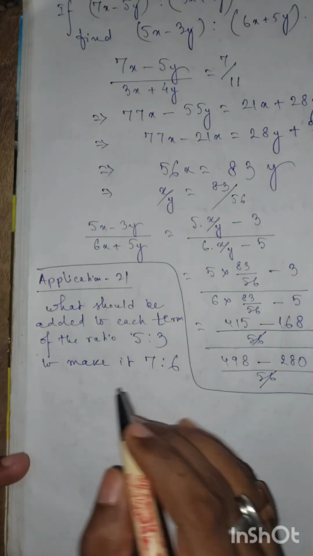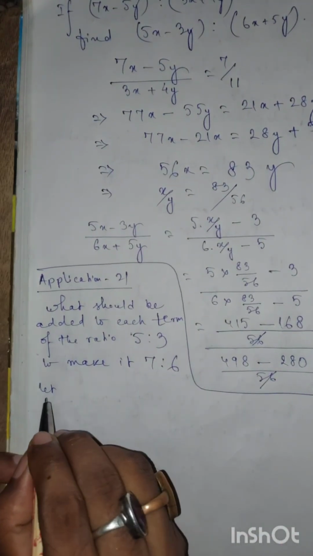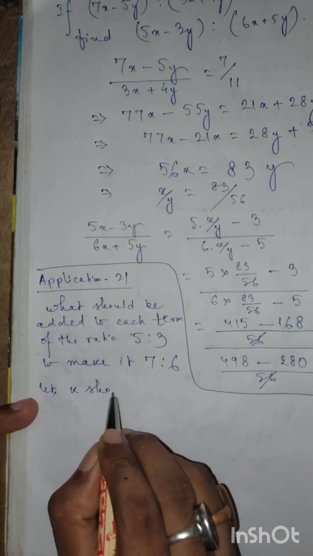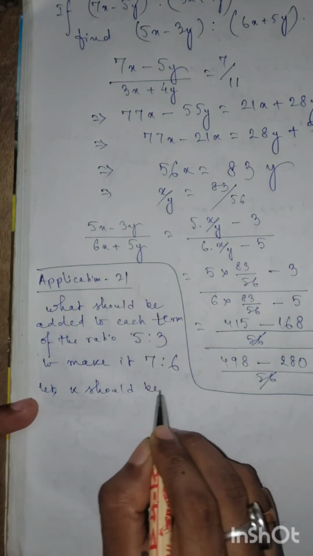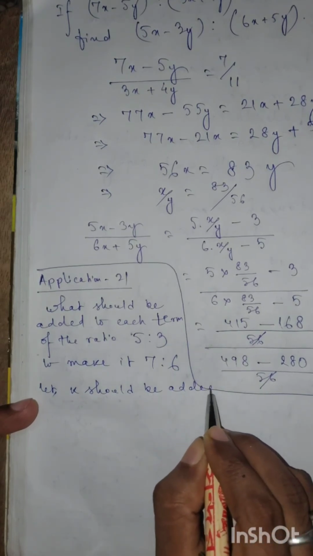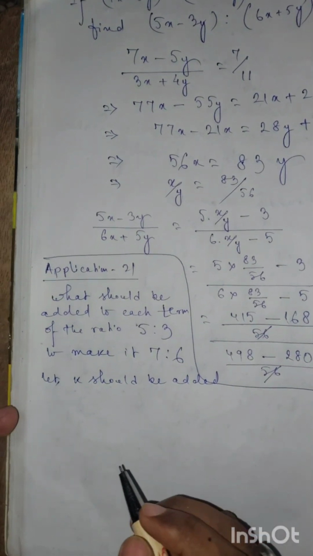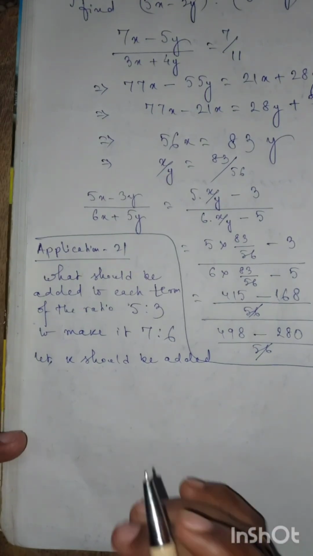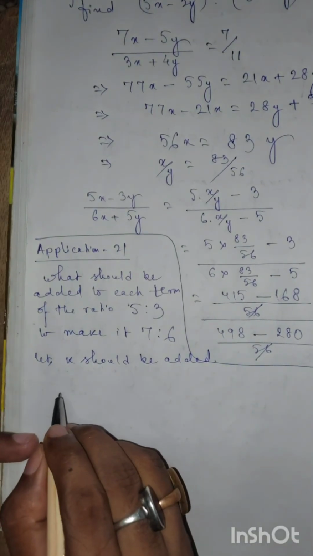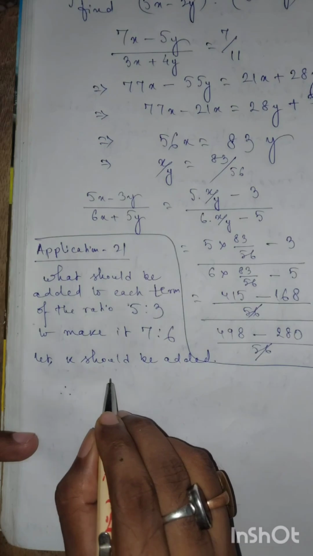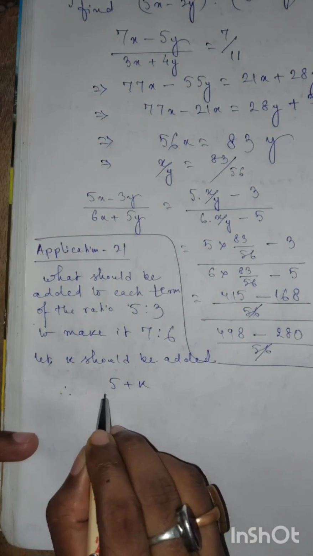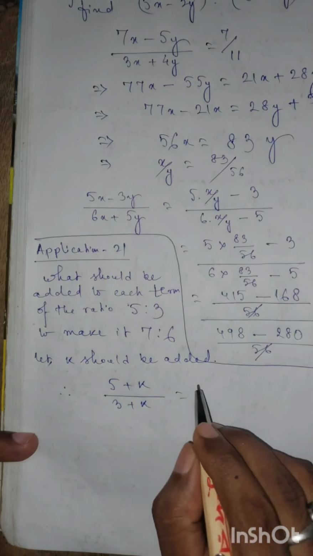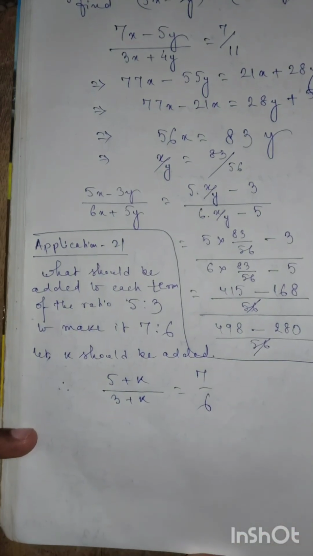So let k be added. Therefore 5 plus k by 3 plus k, this new ratio is equal to 7 by 6.